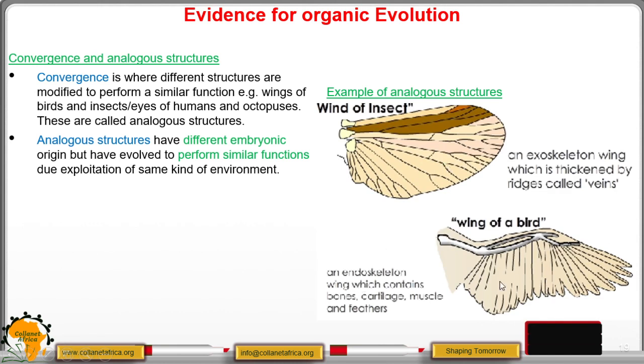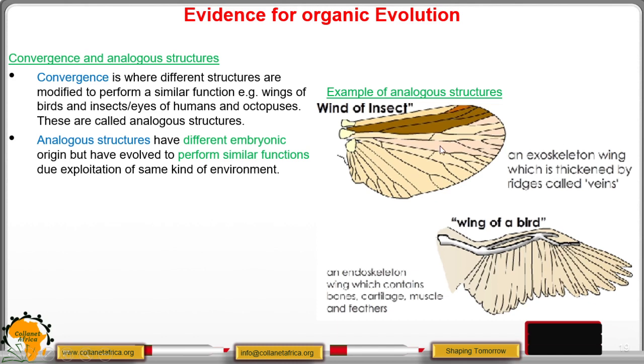You can see the wing of a bird is originating from an endoskeleton, which contains bones, cartilages, and muscle for attachment. And it is also lined with some feathers. In this case, an exoskeleton in wings is thickened by a polysaccharide called chitin.